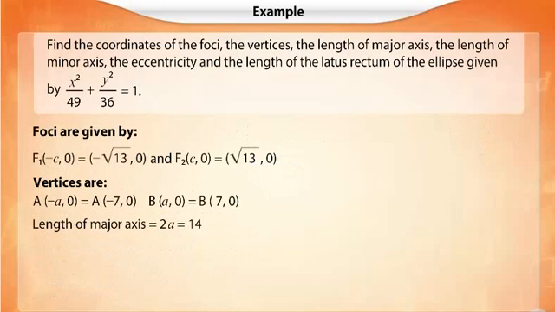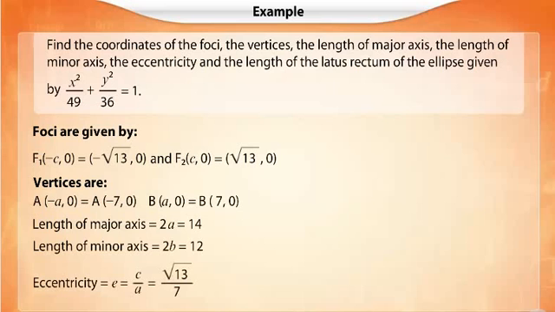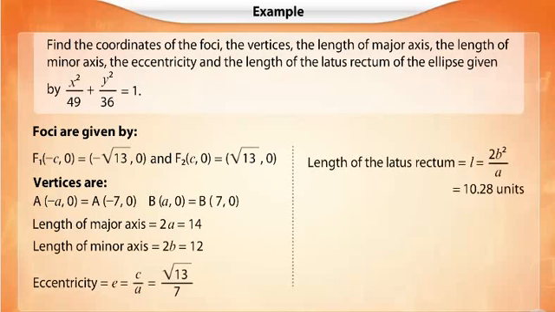The length of major axis is given by 2a, which is 14, and the length of minor axis is given by 2b, which is 12. Eccentricity is given by c upon a, which is equal to square root of 13 by 7. Finally, the length of the latus rectum is given by 2 times b square upon a, which is 10.28 units.